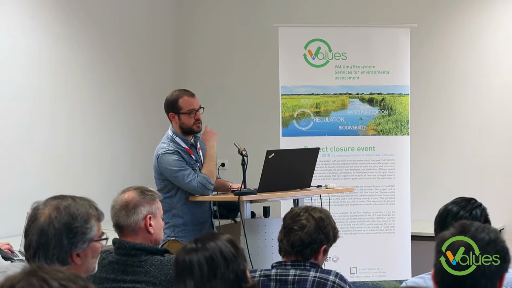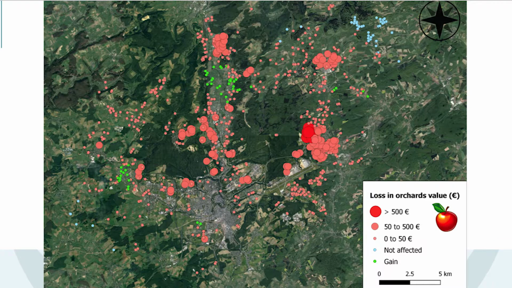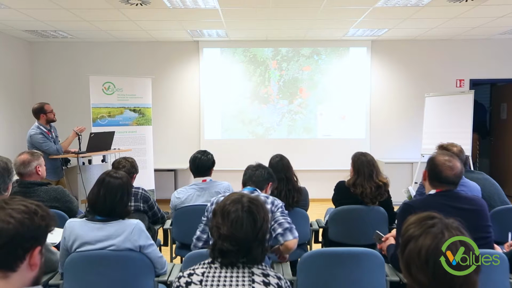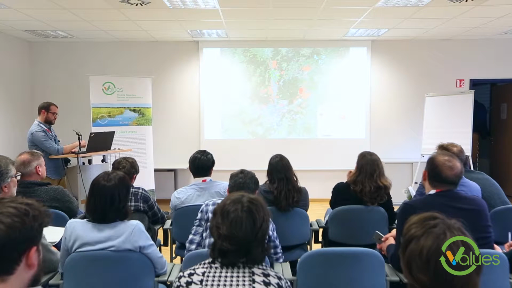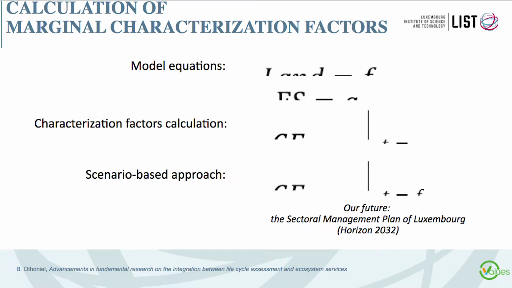In the end, we get a series of maps that give us land cover changes and ecosystem service values, for different services and different land covers.